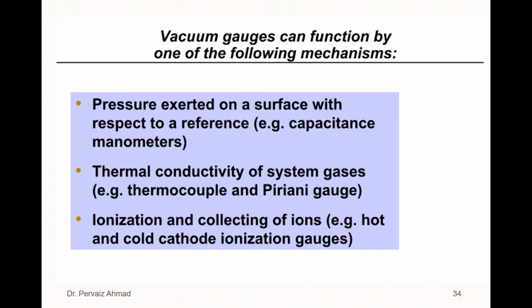Vacuum gauges can function by one of the following mechanisms, and at least one of these mechanisms is followed by a particular kind of vacuum gauge. The first principle is pressure exerted on its surface with respect to a reference.